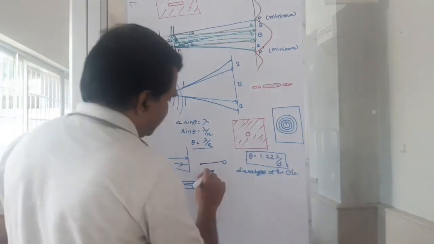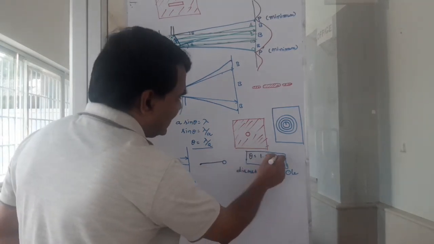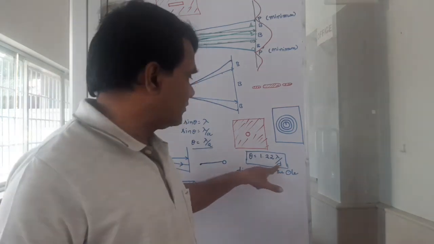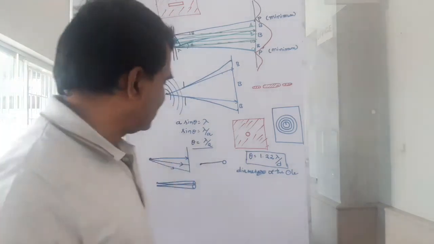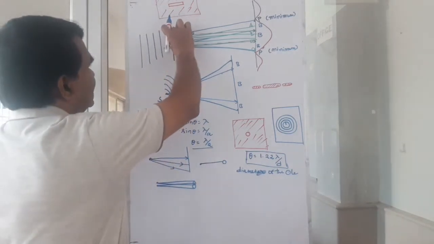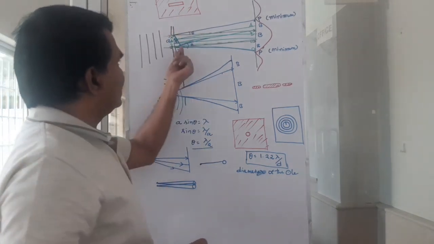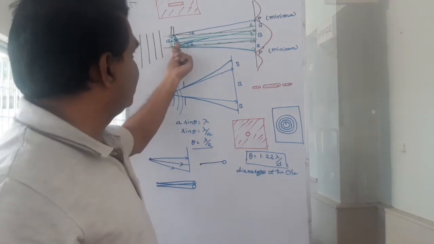If that has to happen, then either lambda has to be small or d has to be big. So this aperture has to be big, or you decrease the lambda.